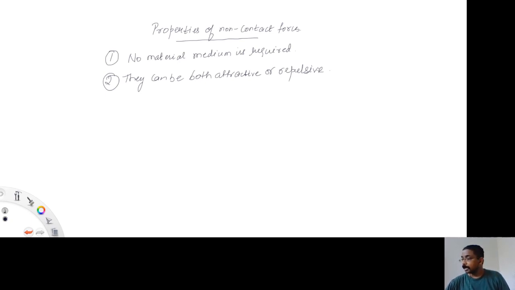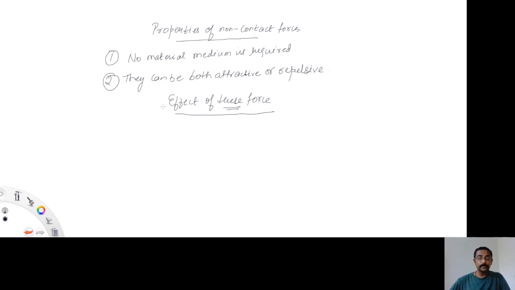Similarly, what exactly can these forces do? They can set an object in motion. So what is the effect of these forces? And when I say these, I'm not just talking about non-contact forces. I'm talking about all types of forces.